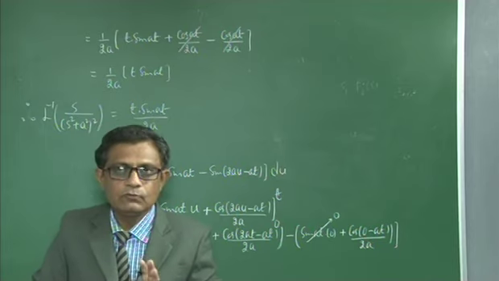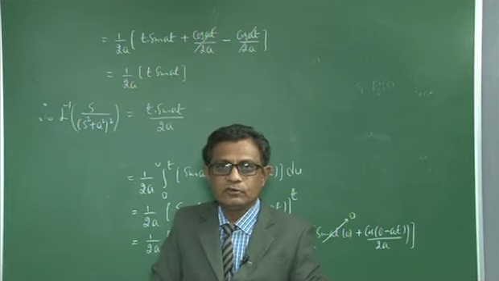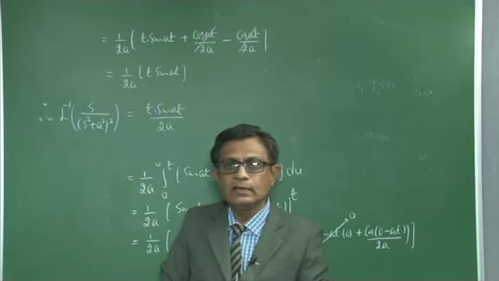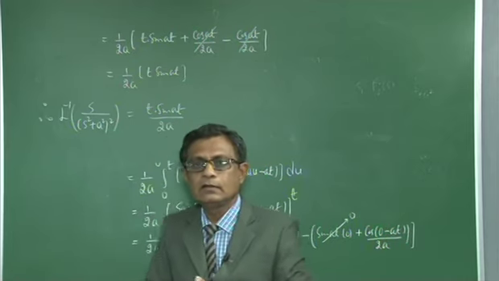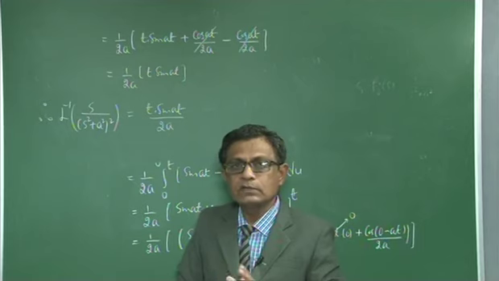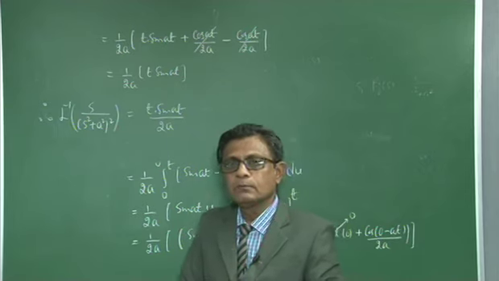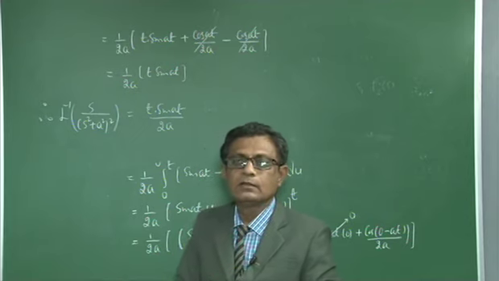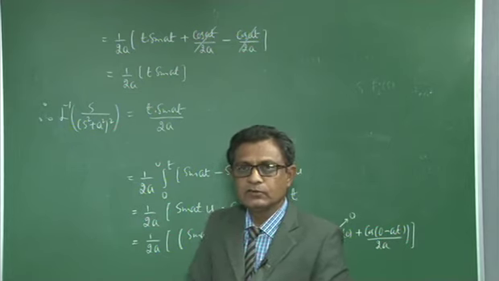Now, in the inverse Laplace transform, the only important thing is memorization of the formula. How to memorize the formula? If you know the Laplace transform formula, definitely you can write the inverse Laplace transform. We did the first type by using the multiplication of t raised to n formula by taking n equal to 1, second one partial fractions method, this is the third one by using convolution theorem.